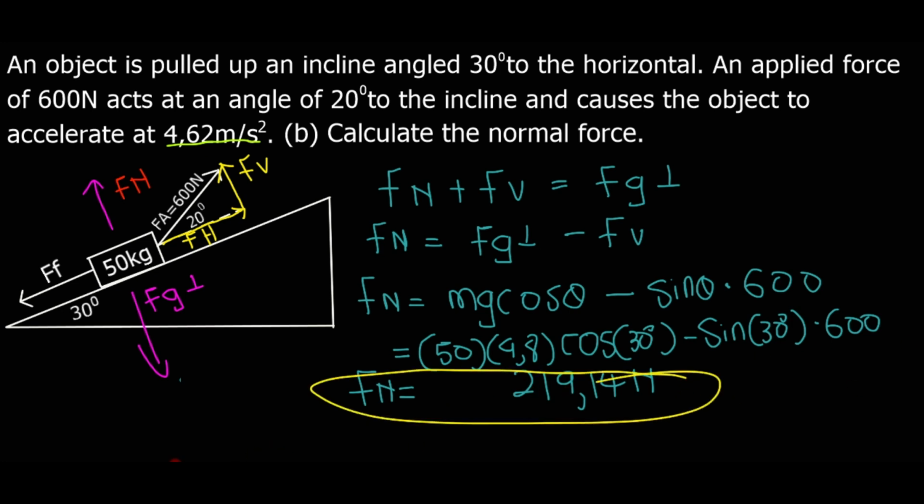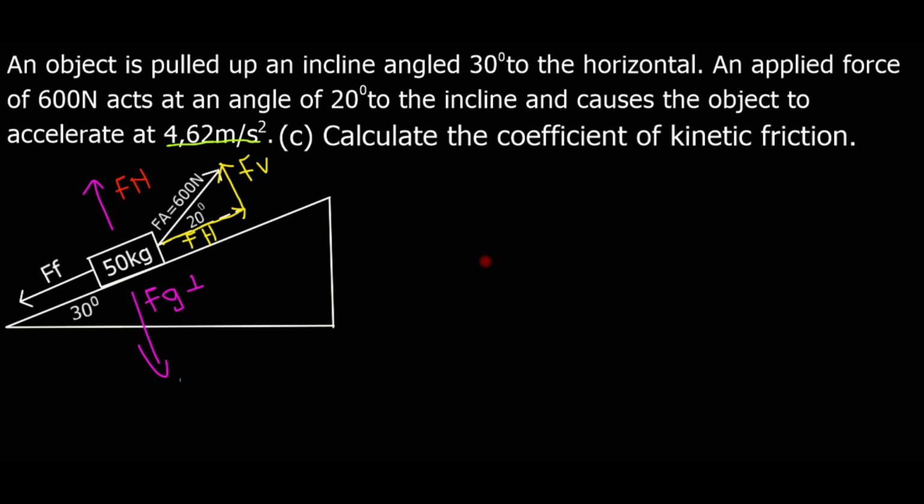Let's look at the last one. This one we calculate the coefficient of kinetic friction. Now it's very easy because we have the friction. So we have coefficient of friction times normal force. This one is 87.82 and then now the coefficient.